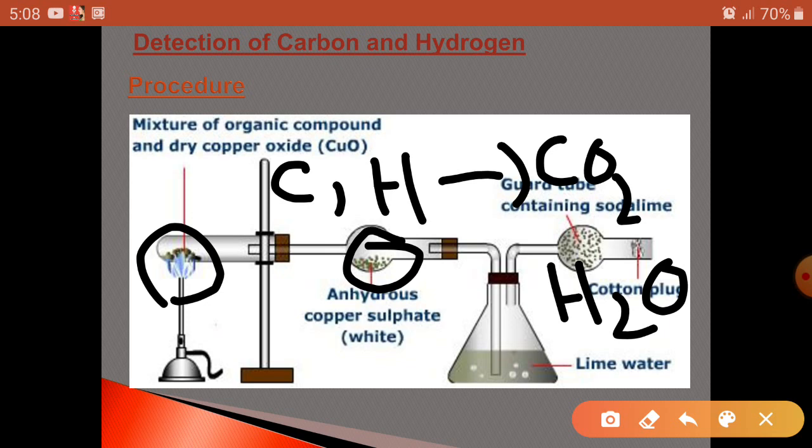In this flask, lime water is placed. When carbon dioxide enters this flask, it turns the lime water milky, which proves the presence of carbon in our organic compound.